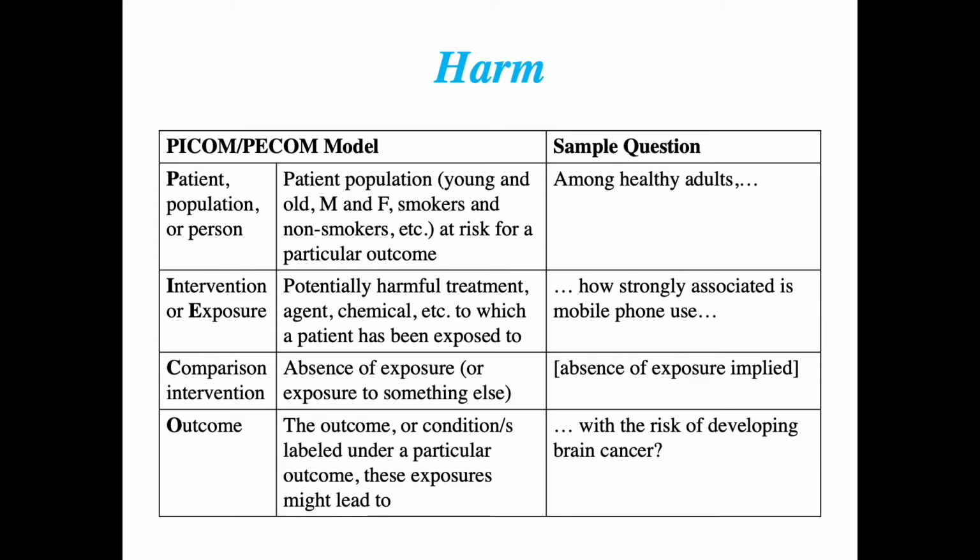Again, it's very easy to confuse this with prognosis, but here it really looks at a potential harm that can come about by a particular intervention. Basically, this outcome is not the intention; it's just something that's observed.